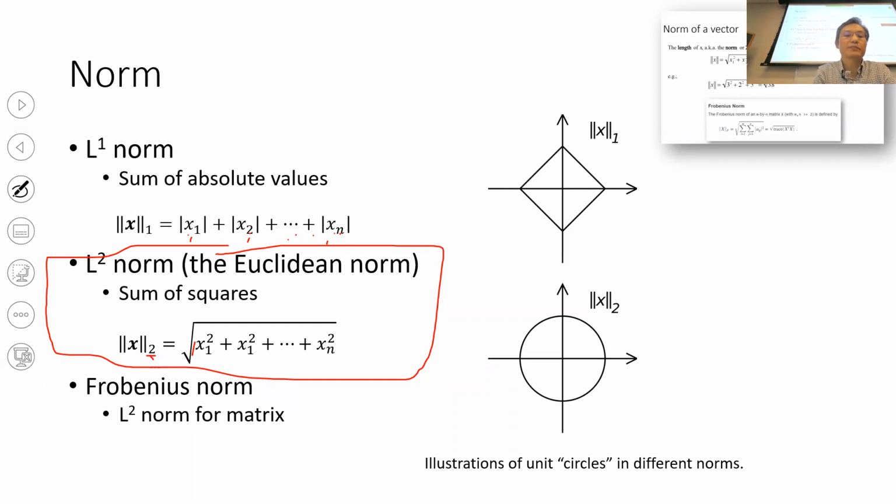You treat the matrix as a vector: you linearize the multiple columns into one very long vector, and the L2 norm of that vector is the norm for the matrix. It's the L2 norm applied to a matrix.